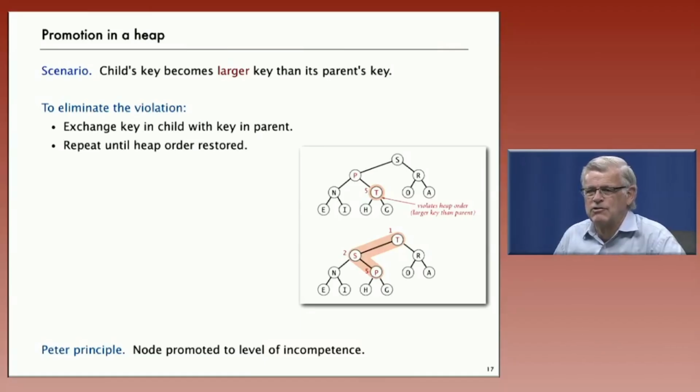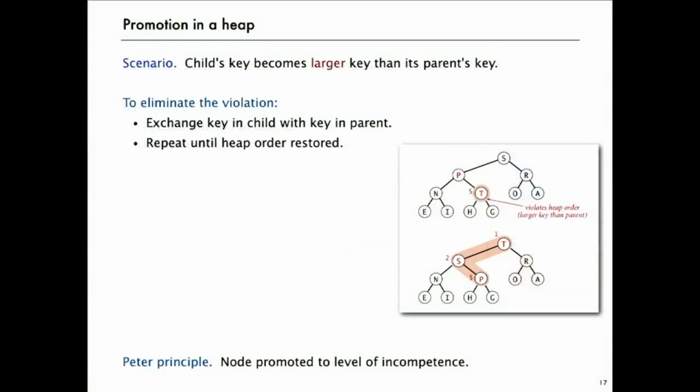So one scenario shown here is if for whatever reason a child's key becomes larger than its parent's key. In this case, we have an example where T, the node T here, its value changes and it becomes larger than its parent key P. So the heap order condition is satisfied everywhere except at this node.